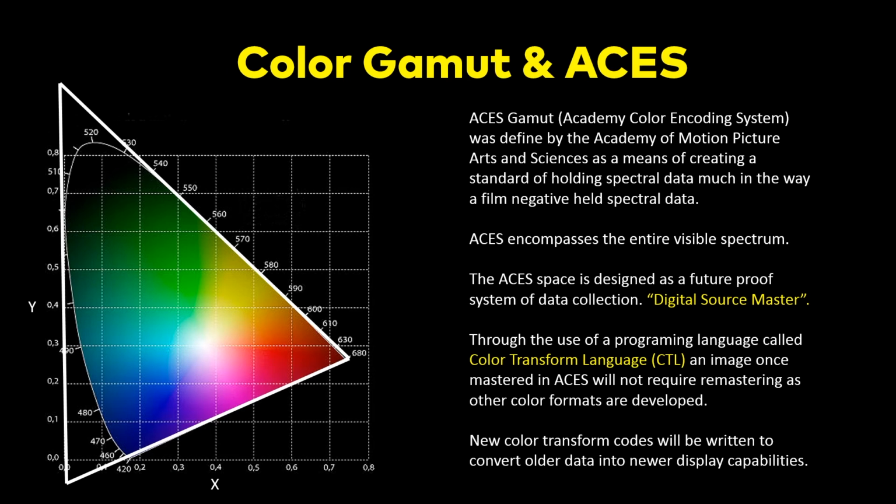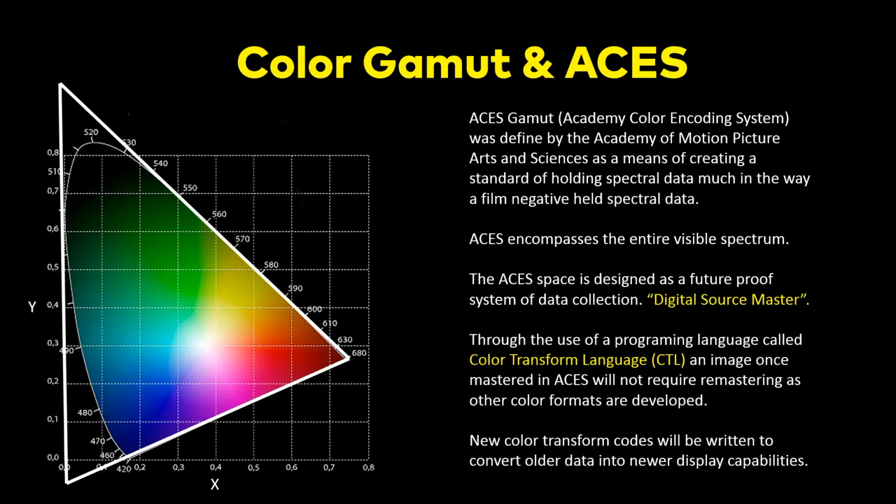So this is considered your digital source master. When you're shooting your movie, you're bringing it in through ACES. You're using a color transform language supplied by the manufacturer that says this raw data coming in is going to be processed in X fashion. And you do your post-flow. And now you have basically a map that's laid out within this space.